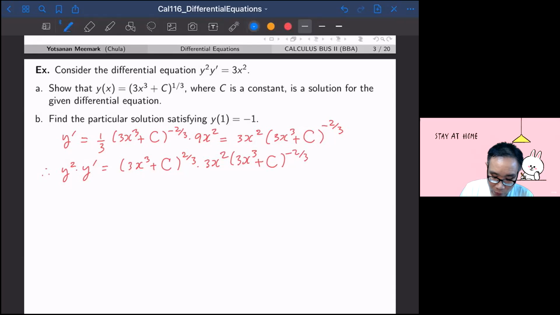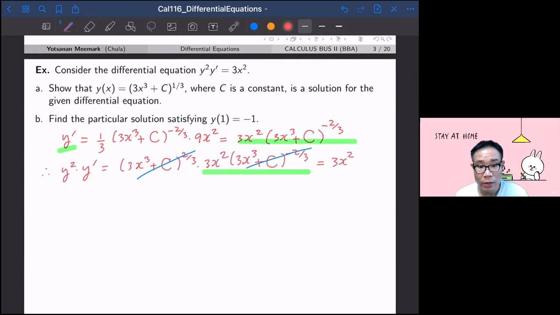You see that the 2/3 and the negative 2/3 cancel each other nicely, so you would get just 3x squared. This is the way that we show that y squared times y prime turns out to be equal to 3x squared. And this is your part A.